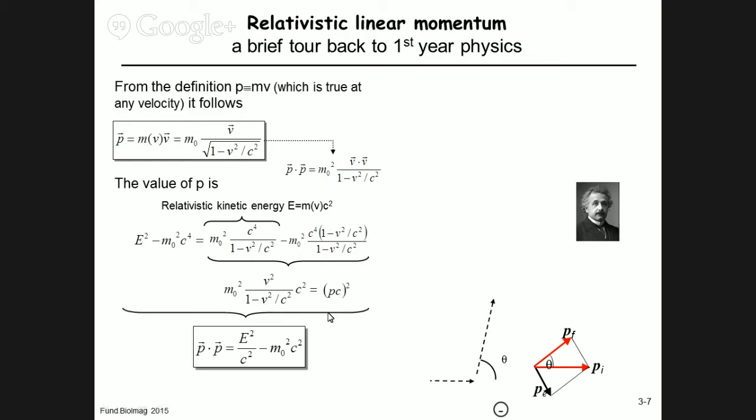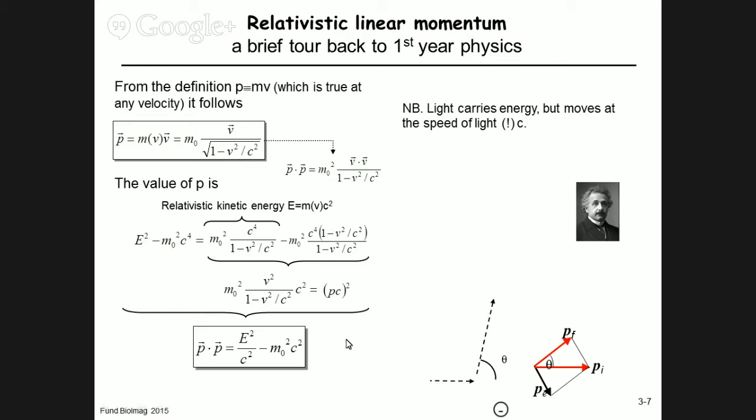So in the end, the magnitude of linear momentum squared has a relationship to the energy of the object squared divided by the speed of light squared, minus m0 squared c squared. That's just going from this expression down to here, because this is pc squared. So that's just using these terms.